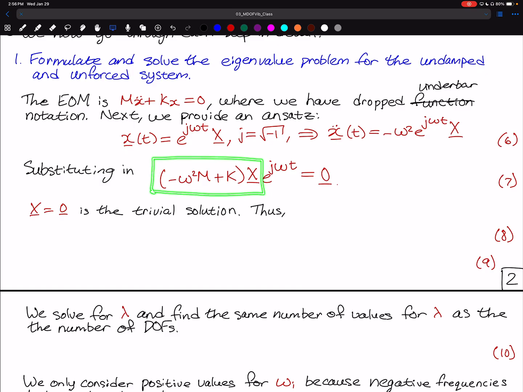And then this ends up being an eigenvalue problem. Or what this ends up implying is that the determinant of minus omega squared M plus K must be equal to 0.